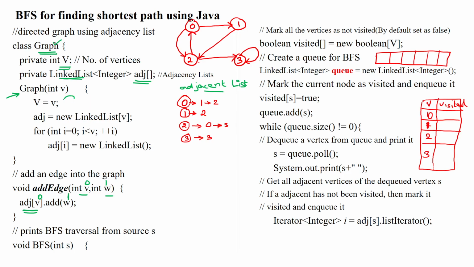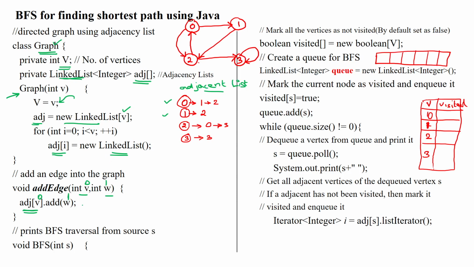We are passing the value v, the number of vertices. Then we are creating the object adj for the number of vertices, 5 or 4, whatever number of vertices we are giving. Then for each vertex we are creating the list. Look at this, for 0 we are creating the list, for 1 we are creating the list. Like that for all the vertices we are creating the adjacency list.